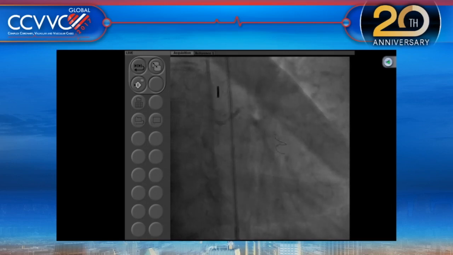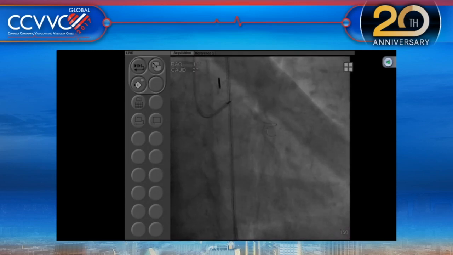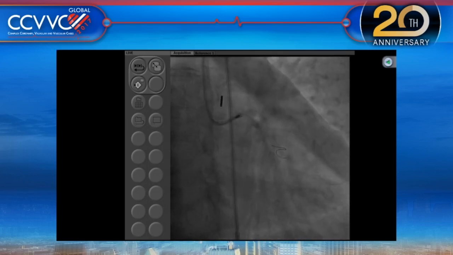Any comments from the panelists at all? Yes, Dr. LaSala. Yeah, I think the point that Dr. Keeney mentions is very important to reemphasize, and that is on these subtotal, heavily calcified lesions, you have to be prepared to do it as a CTO. Now, they were very fortunate and skilled, obviously, to get down with a relatively workhorse type of wire.